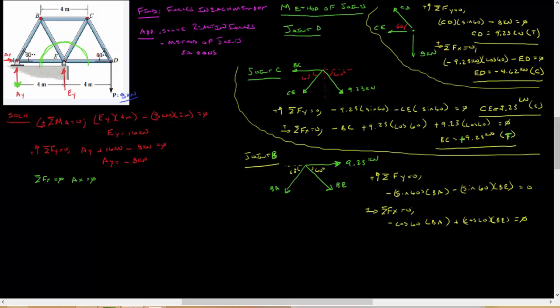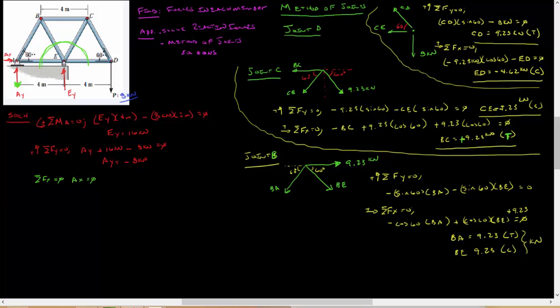So now I have two equations, two unknowns, and I forgot my positive 9.23 here. Also plus 9.23. So by using two equations, two unknowns, put that into my calculator, I come up with BA is 9.23 in tension, and BE is 9.23 in compression, and these are in kilonewtons.